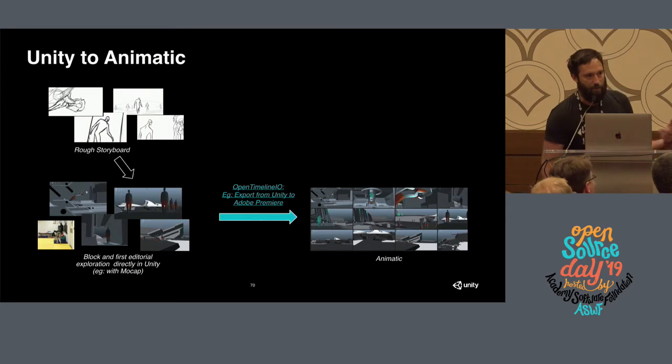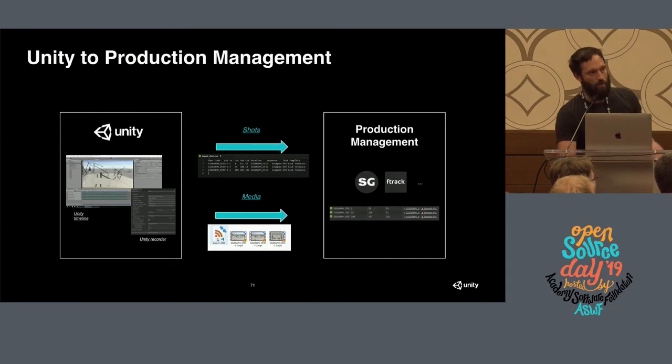Or some people start directly blocking out in Unity, again placing characters, doing previews, doing layouts, and exporting it as a reference for the animatics, the storyboard, or even the mood board. And also, we see OpenTimelineIO as a good bridge between production management, asset management, and actually assembling the scenes together, and following the progress of the production.